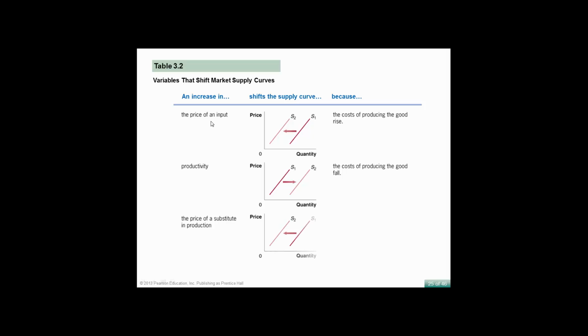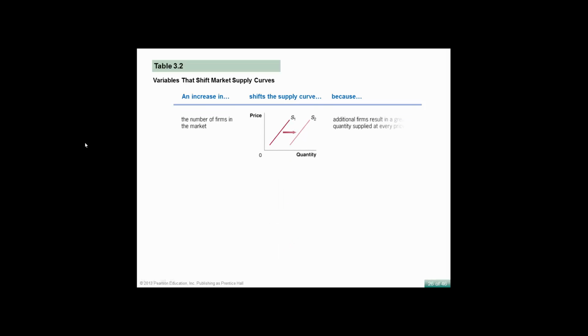So, if the price of an input goes up, supply will decrease or shift left. If there's an increase in productivity, then supply will increase. The cost of producing the good will go down. If the price of a substitute in production goes up, that means I can sell water for more, so I'm going to decrease the supply of Coke.